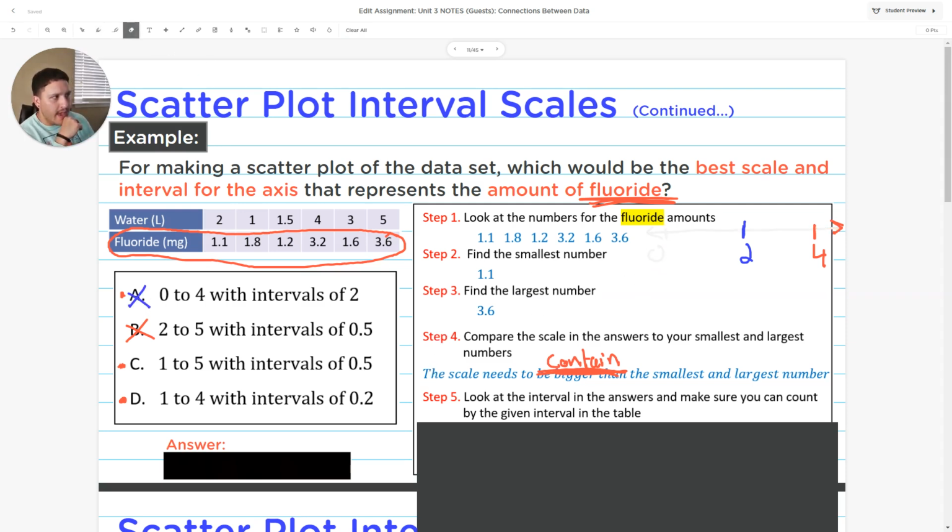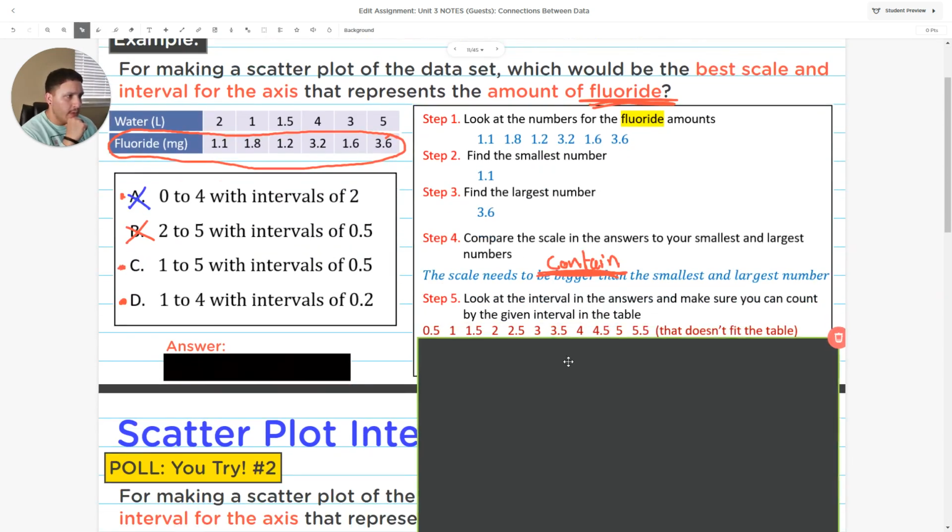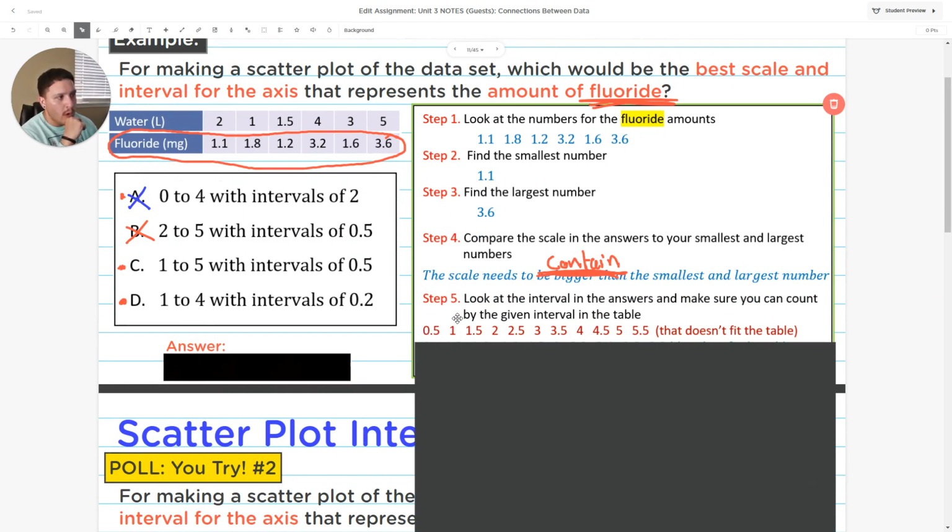Now, let's think about it again, but with intervals of 0.5. Starting from 0, we count 0.5, 1, 1.5, 2, 2.5, 3, 3.5, 4, 4.5, 5. Now, it does catch some decimals, but notice what my decimal values are. 1.1, 1.8, 1.2. 0.5 is still skipping a large number of them.